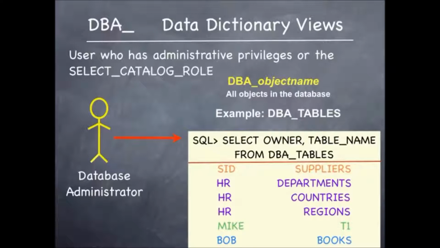The name of the data dictionary view is called DBA_TABLES. If a user having the SELECT_CATALOG_ROLE issues a query such as SELECT owner, table_name FROM dba_tables, the user can see the owner of the table and the name of the table for all the users of the database. Notice the output is returning many different users and their table names.